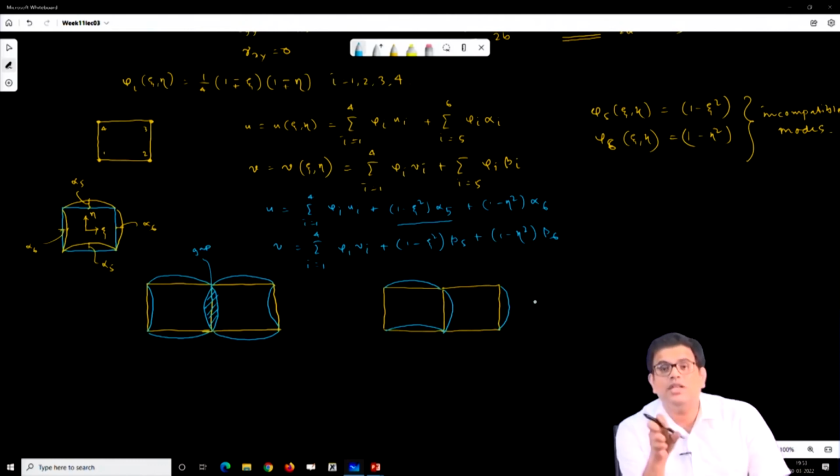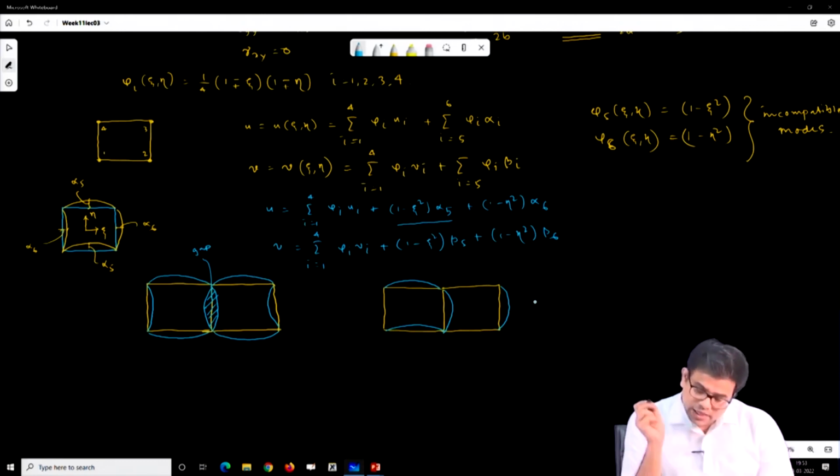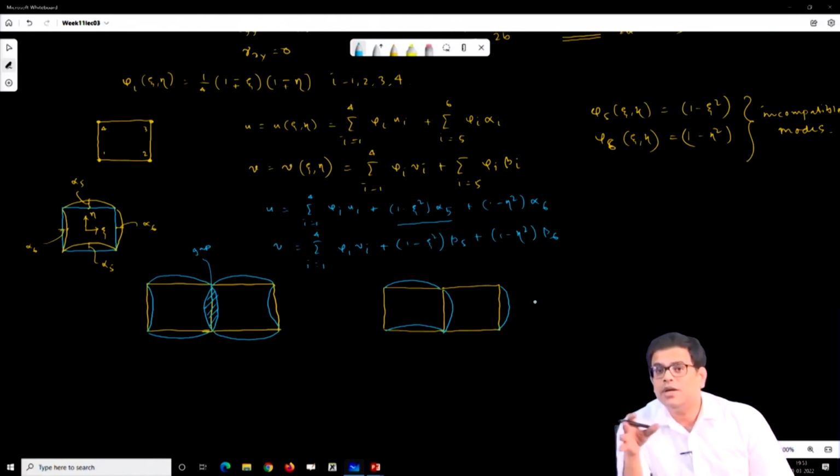So this is actually incompatible. This is not allowed in the variational solution. So sometimes that's why it is called variational crime. I will come to that at a later moment. Now, we understand what incompatibility means.